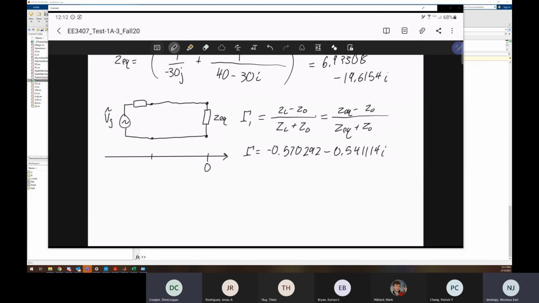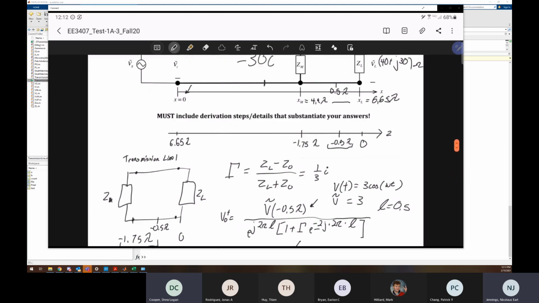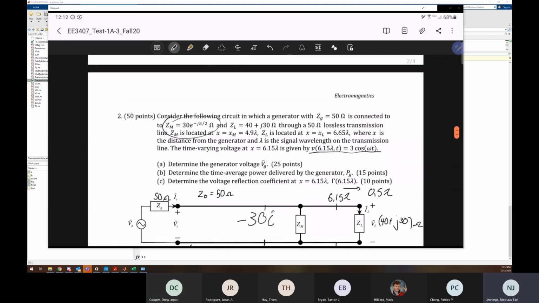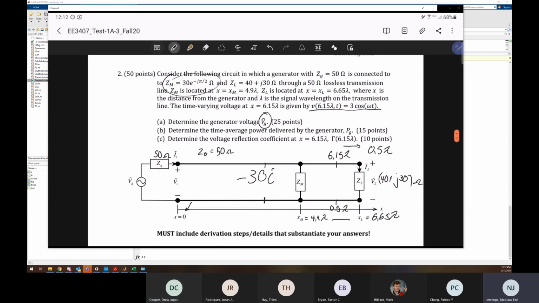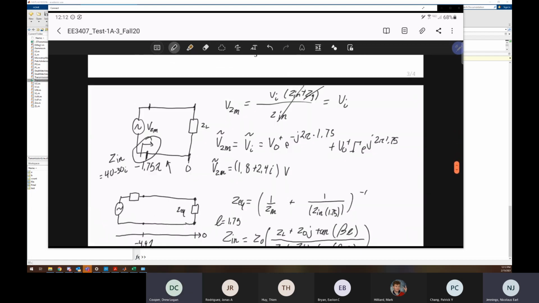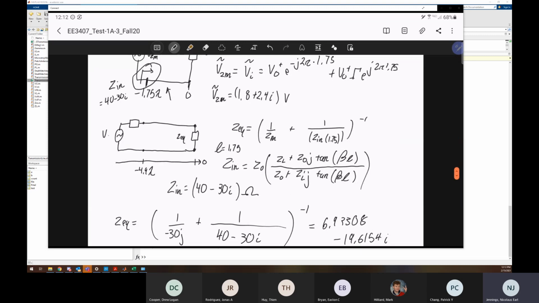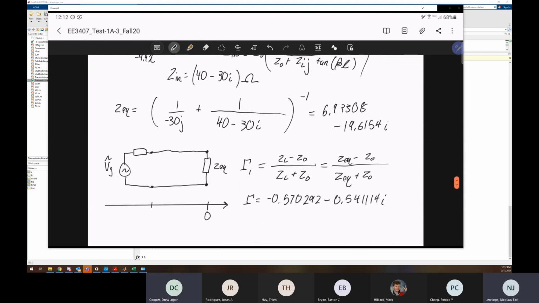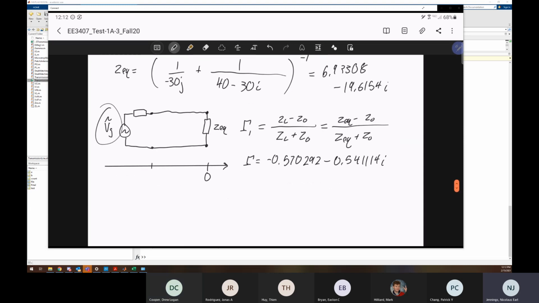What are we trying to solve for again? So yeah, exactly. It's always good to read through. So we've been solving for VG this entire time. Exactly. So VG is over here, which is on this side of the transmission line, which is what we're working on right now. So to solve voltage, we need something. What do we need specifically? V naught plus. Exactly. And do you know the equation to get V naught plus?